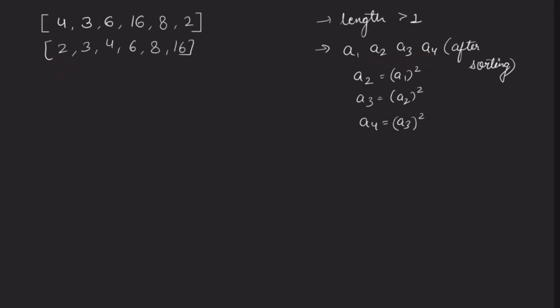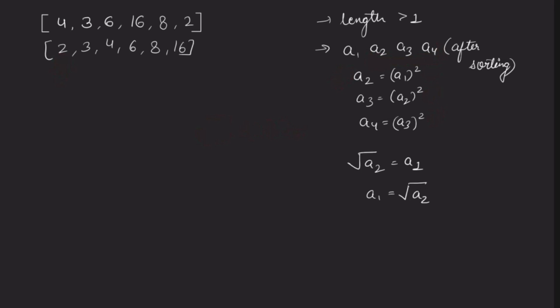No. Why? Because A2, A3, A4 are always the square of their previous numbers. So A2 equals A1 squared. Can this be written as the square root of A2 equals A1? Yes. Now for this 2, if you take the square root of 2, you will get some decimal number.